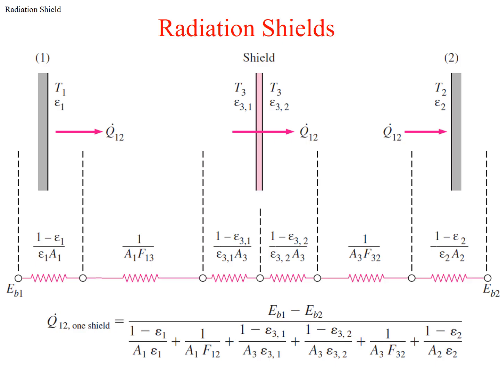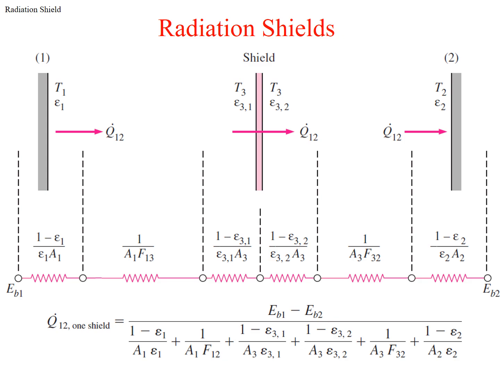Here I have a general picture of how we deal with the resistances when we put a radiation shield in between two surfaces. So on the left hand side you have surface 1, and then surface 2 is on the right hand side, and then I have a shield in between, and the two sides of the shield sometimes have different emissivities. That depends on the design of the shield, but sometimes the emissivities could actually be the same.